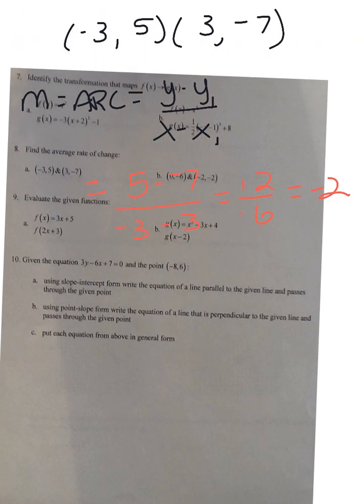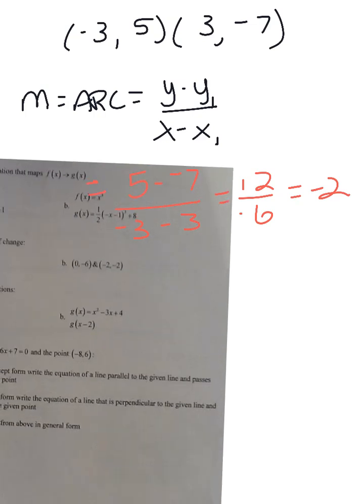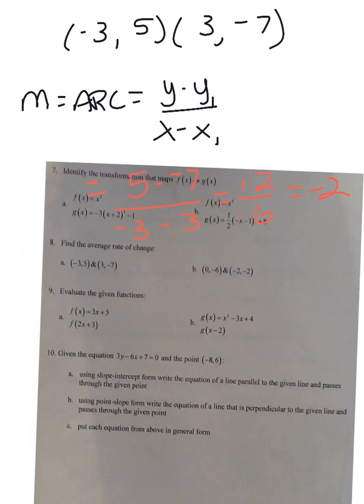My other points, we have y minus y. So we have negative 6 minus negative 2 over 0 minus negative 2. So that's negative 4 over 2, which is equal to negative 2. All right, that was for B.